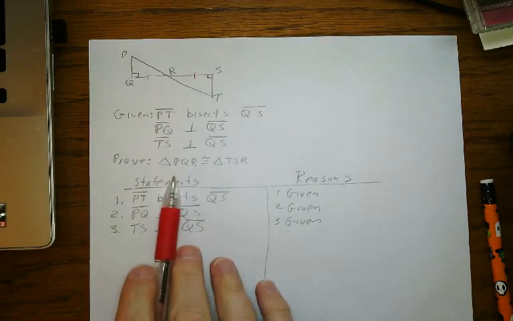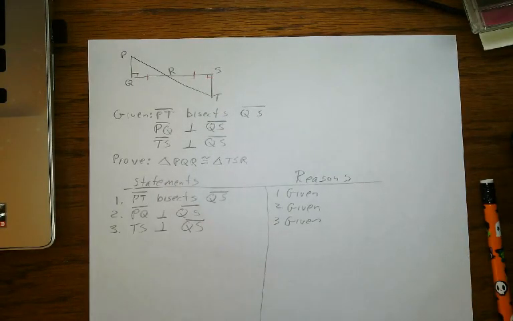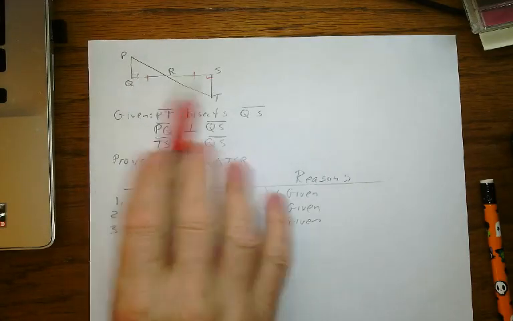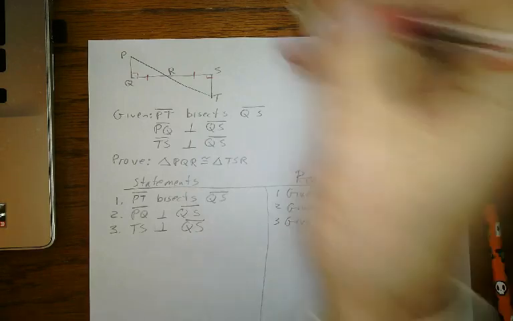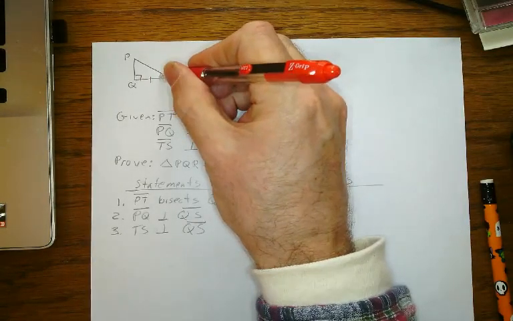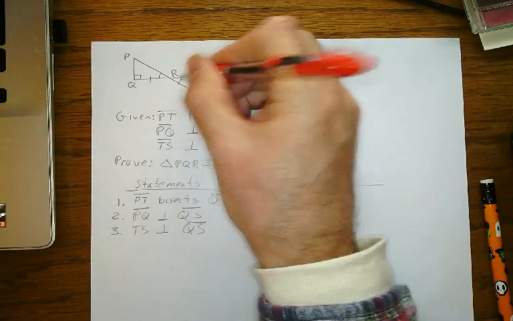Now, when we're trying to prove triangles congruent, we're going to use one of those 5 reasons that we did before Christmas break. Do you remember the side, angle, side, side, side, side, those things? So if you look at what we've got, so far we have an angle and a side, angle and a side. We need another part. And the part that we're going to use in this proof is these two angles here I'm going to mark congruent.